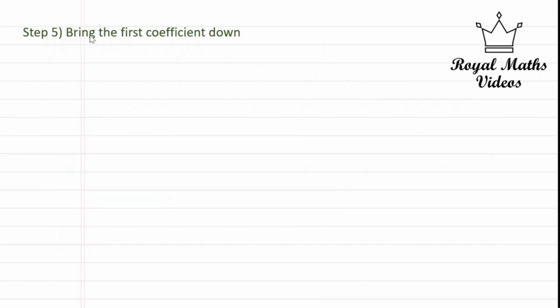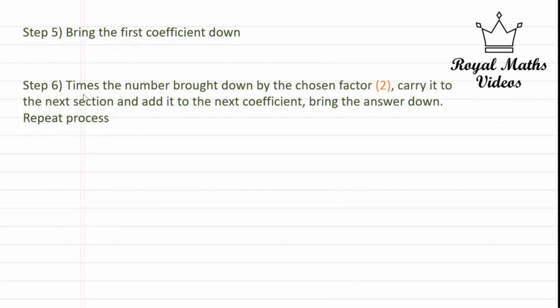Now step 5 is to bring the first coefficient down. Okay, and step 6 is times the number brought down by the chosen factor to carry it to the next section and add it to the next coefficient, bringing the answer down, and then we need to repeat the process. So going through it step by step: bring the first coefficient down, so 6 comes down here. Then times the number brought down by the chosen factor, which is 2.